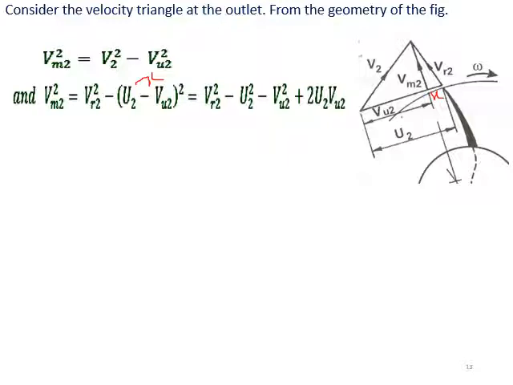According to the expression, a minus b whole square is equal to a square plus b square minus 2ab. According to this logic, the expression becomes minus u2 square minus vu2 square plus 2 u2 vu2.